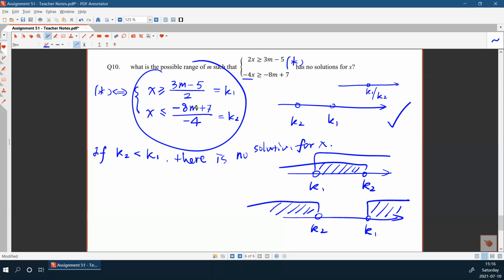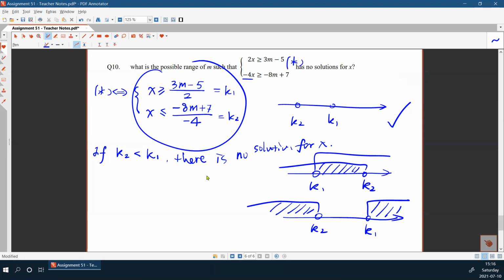And system of inequalities says x is larger than or equal to this number, and x is smaller than or equal to this number, right? There is a solution to this system, which is x can be this number, right? So here we cannot let k1 equal k2 to ensure there is no solution for x. Understand?